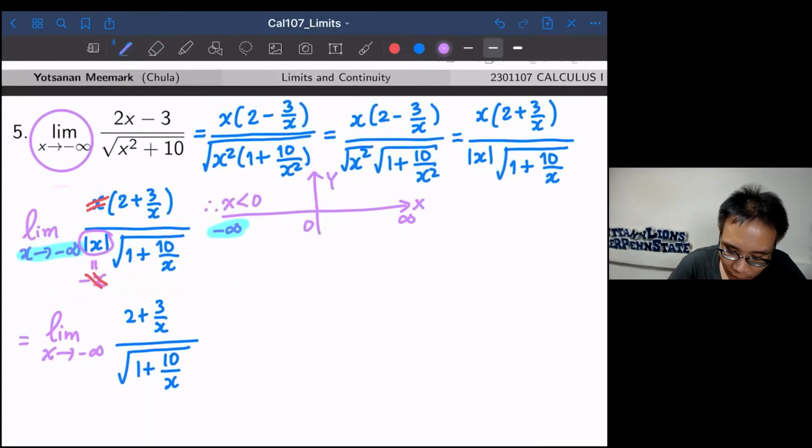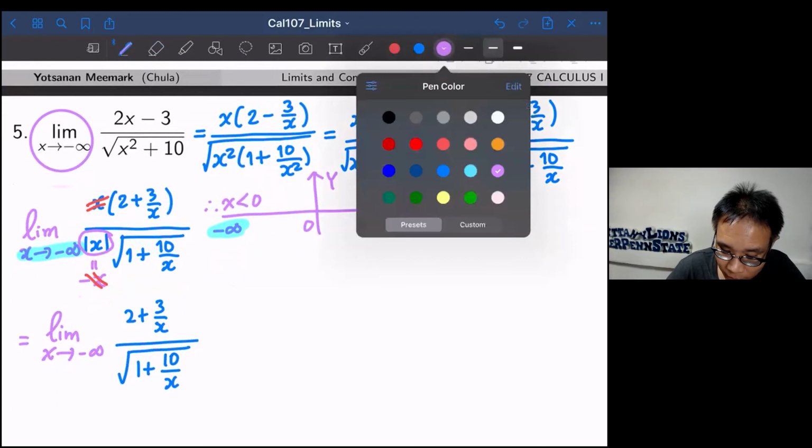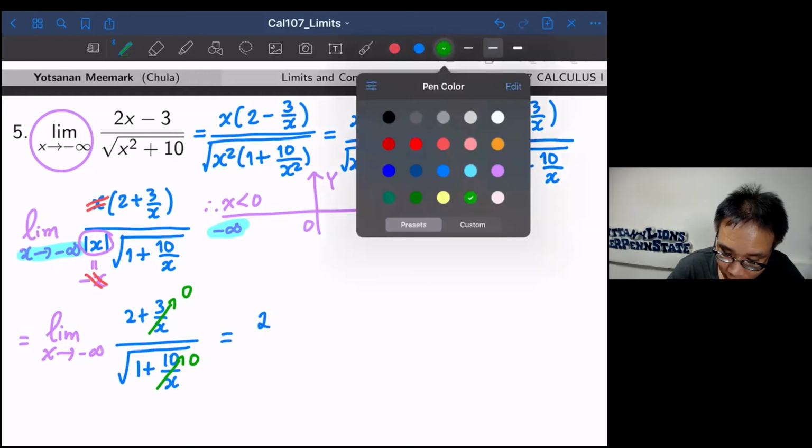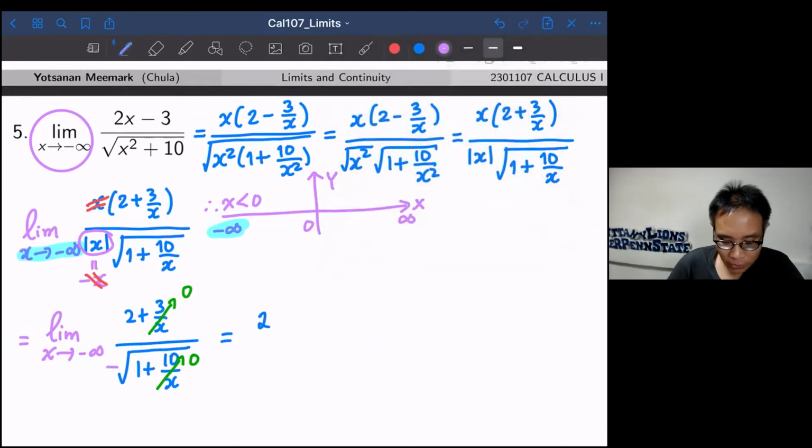Since x is going to negative infinity, this term approaches 0, and this one also approaches 0. So the limit turns out to be 2, and you don't forget the negative sign on the bottom, so it's 2 times negative 1, which is negative 2.